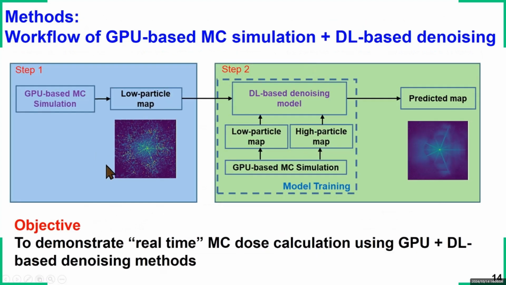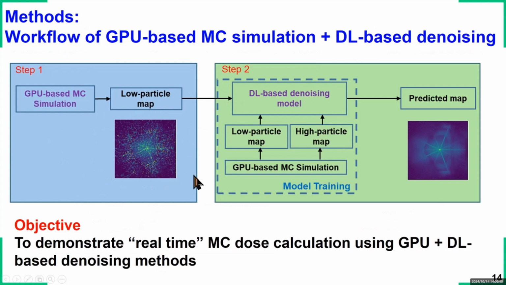Using the well-trained CNNs, the workflow of GPU-based Monte Carlo simulation plus deep learning-based denoising would include 2 steps. Of course, in the first step, we would do a dose calculation very, very quickly because we are using GPUs. However, we only simulate a relatively small number of particles, so the dose map would contain certain noise.